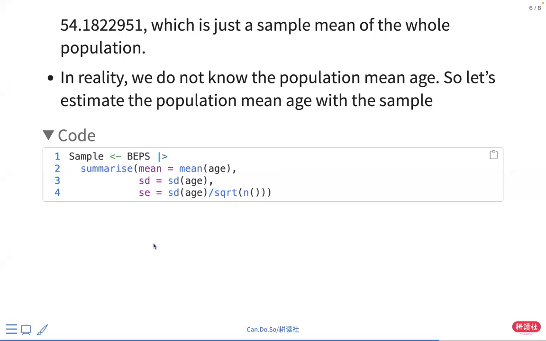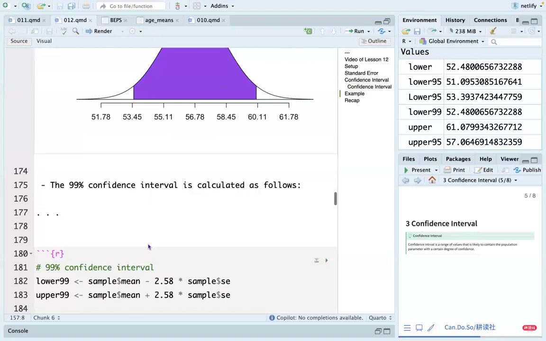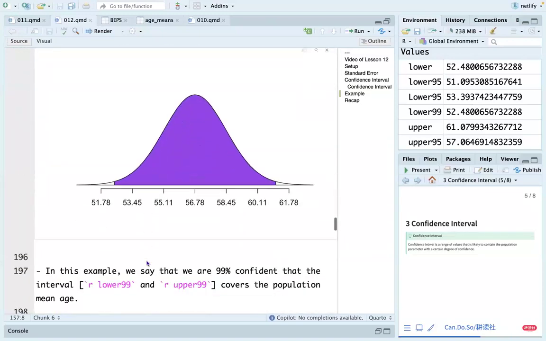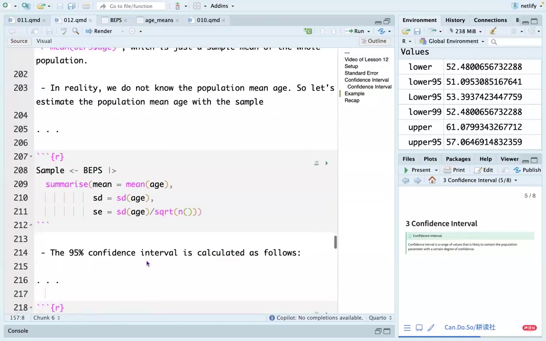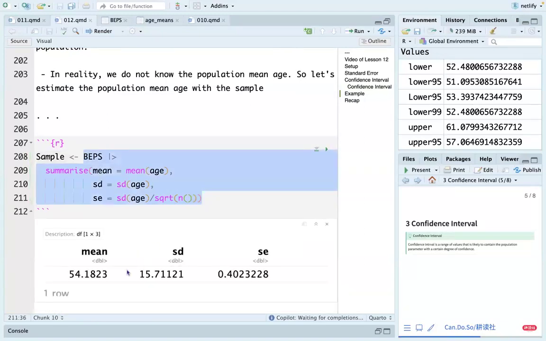Now the mean is 54, the standard deviation is 15, and the standard error is much smaller because the sample size increased to 1,525.